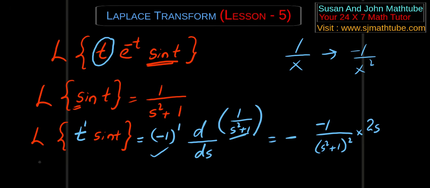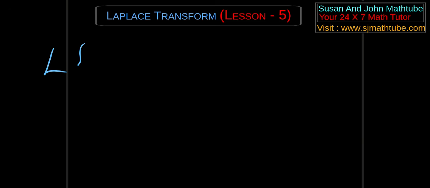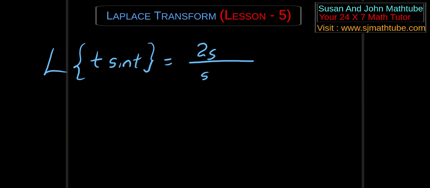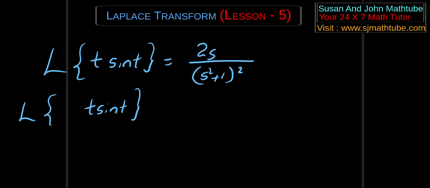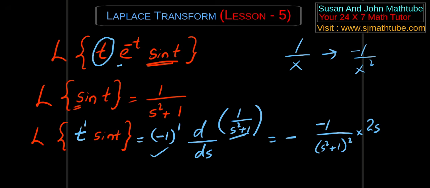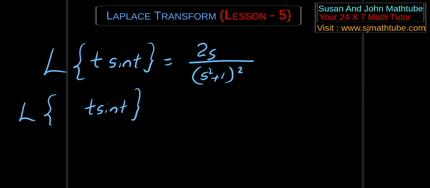Okay, so what we just found is Laplace of t into sine t is equal to 2s the whole divided by s square plus 1 the whole square. Now I am going to write the same thing, but I have to multiply by e power minus t. That's it. Now we created the question.